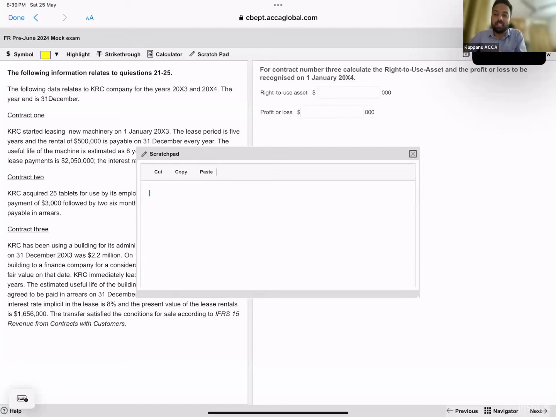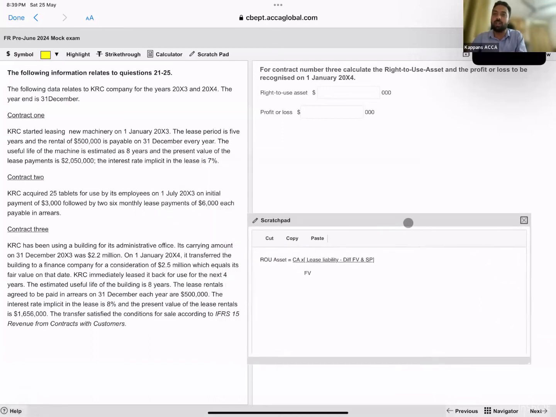So in a sale and leaseback question, right of use asset is equal to carrying amount multiplied by lease liability minus difference between fair value and sale proceeds, divided by fair value. You need to know this formula on how to calculate right of use asset in case of sale and leaseback.